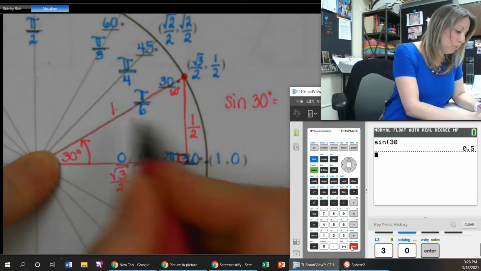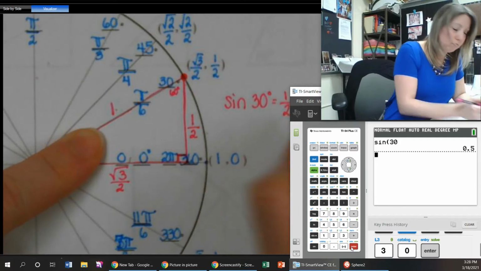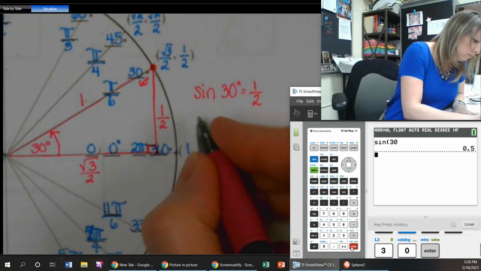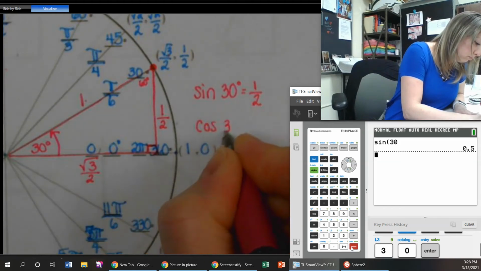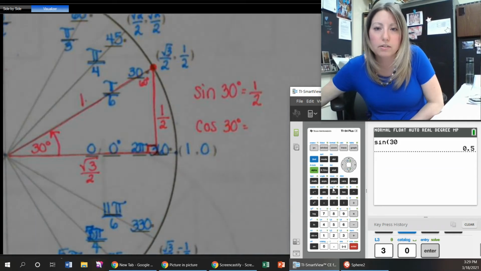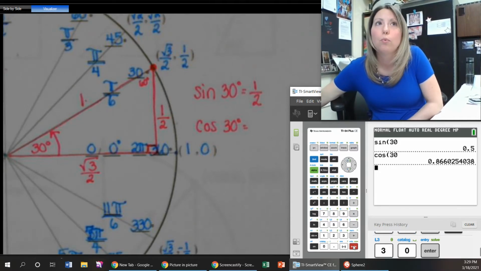Sine is opposite over hypotenuse. 1/2 divided by 1, it's 1/2. Let's do the cosine of 30 real quick. So cosine 30 and plug in. Oh, some irrational thing. Wait a minute.